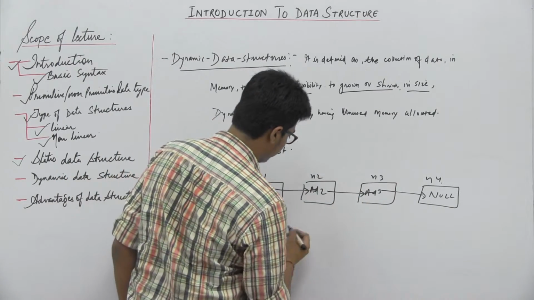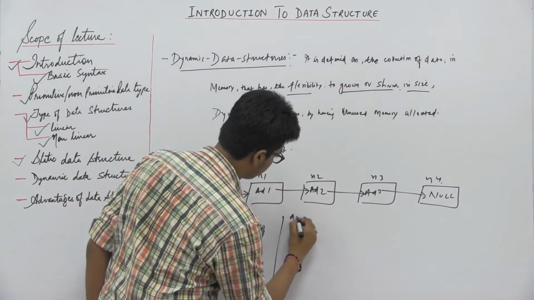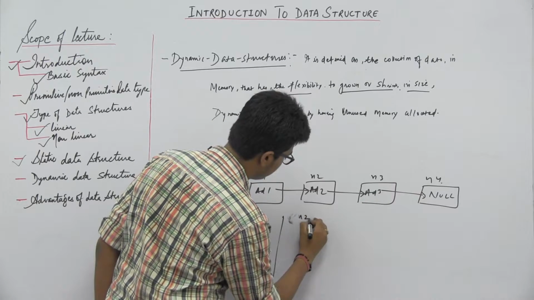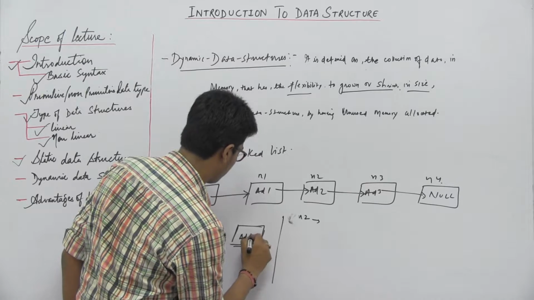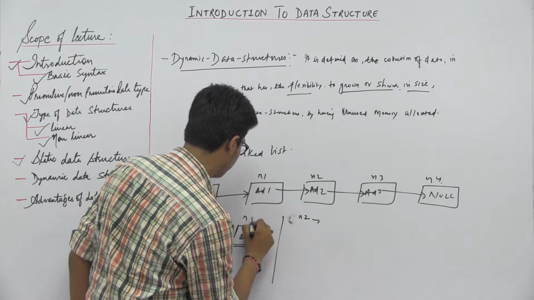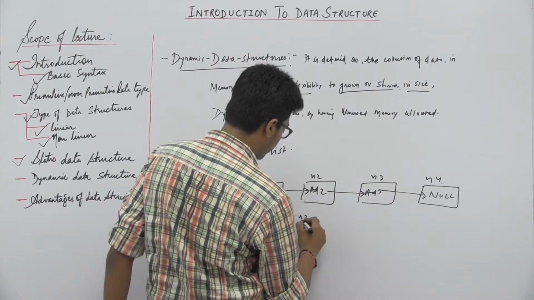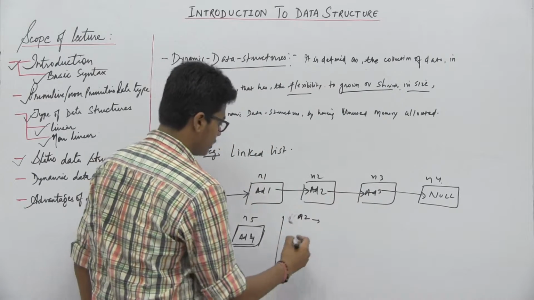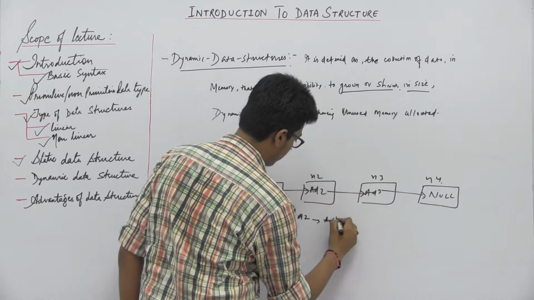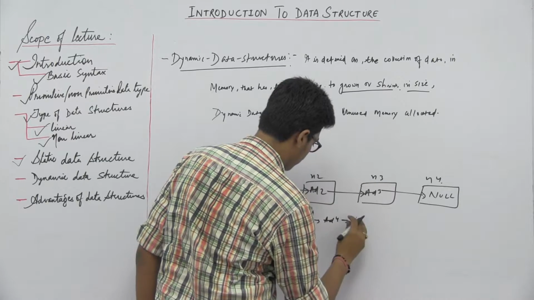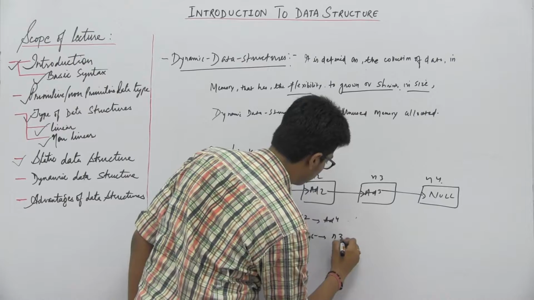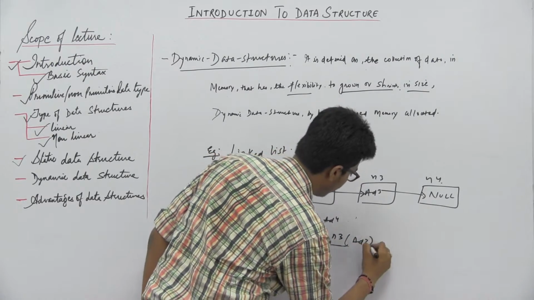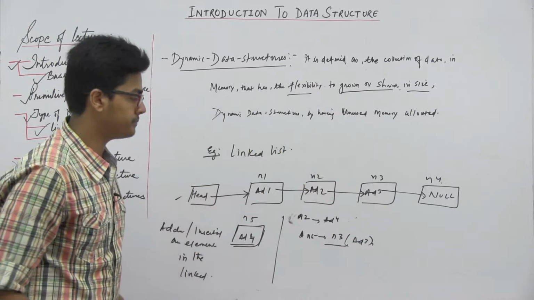So first, in the coding, we have to link node 2 to address 4, the new node 5. So we have to introduce a node 5 between 2 and 3. So node 2 is referred to address 4, and node 5 holds the address of node 3.